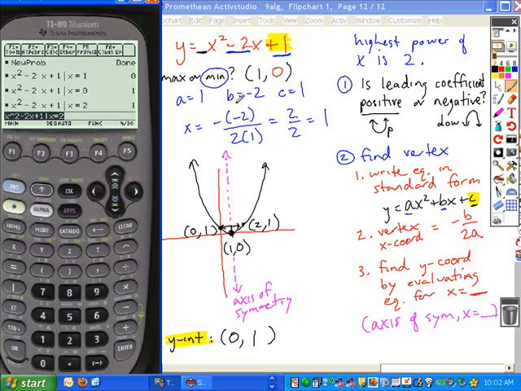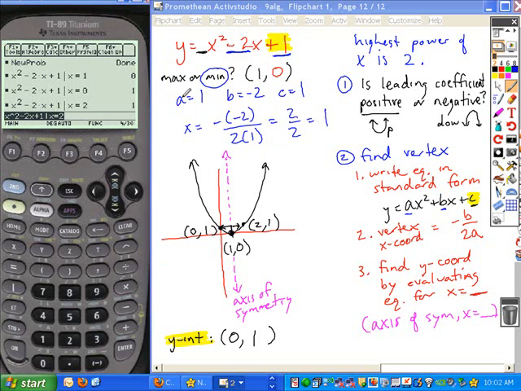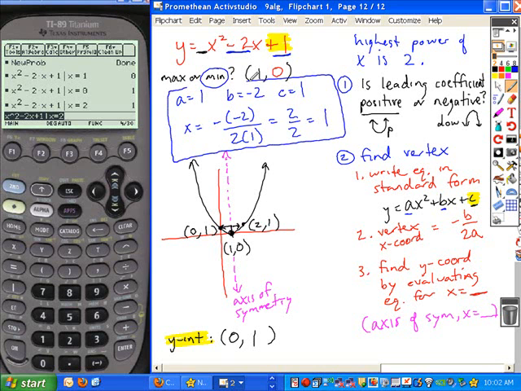So this step right here, this blue step, where you identify your A, B, C values is how you find the vertex. So on this one, we're finding the x-coordinate of the vertex using this step right here. Negative b over 2a is what we used to find that.